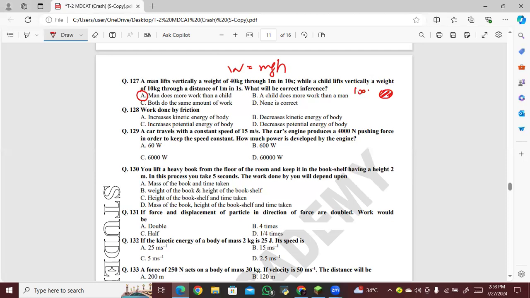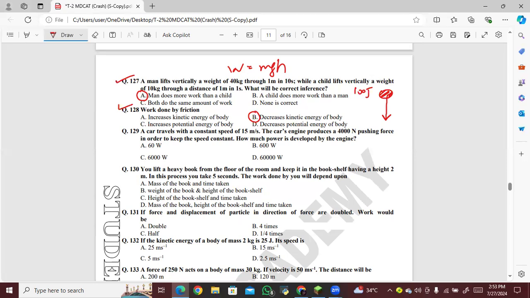Suppose its energy is 100 joule. So when there is more friction, then kinetic energy of body decreases. Because speed becomes slow, you can say the energy transforms into the work done against friction, so the body will get slower. That's why when the speed of body decreases, kinetic energy becomes small. So the answer is B.